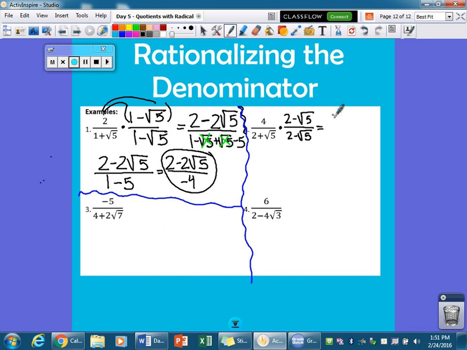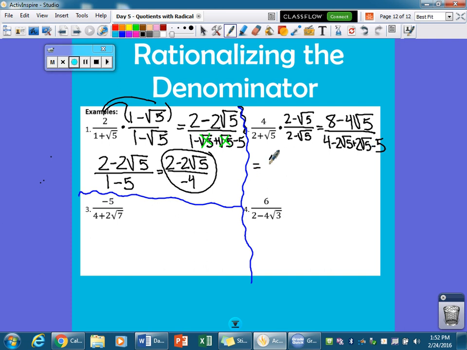So 4 times 2 is 8 minus 4 square root of 5 over, I'm going to factor it fully: 2 times 2 is 4 minus 2 square root of 5 plus 2 square root of 5 minus square root of 5, or minus 5. The square root of 5 times negative square root of 5 is negative 5.